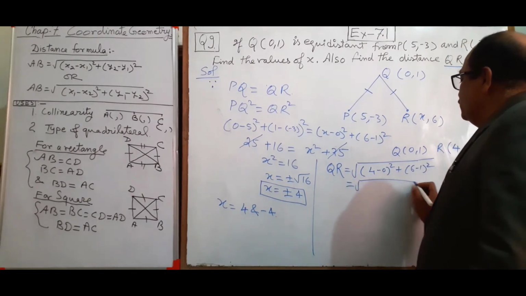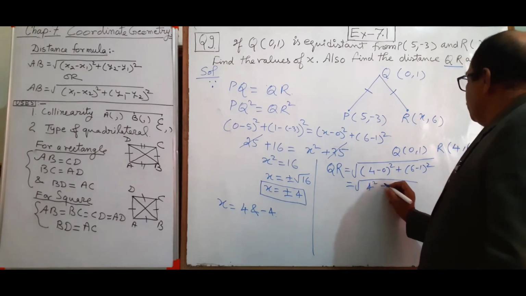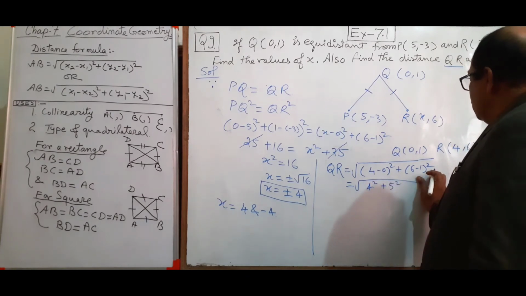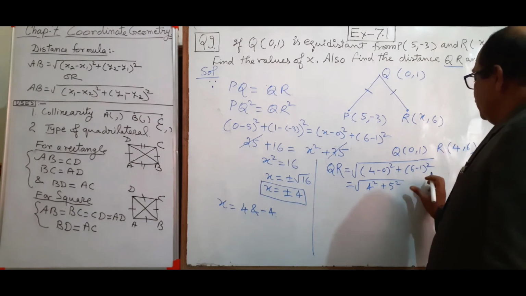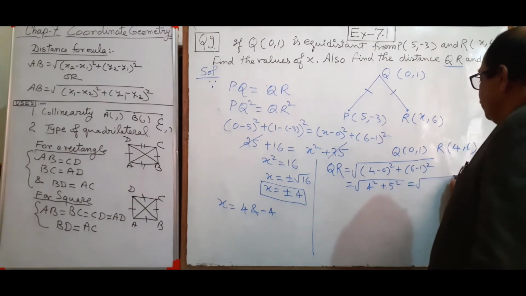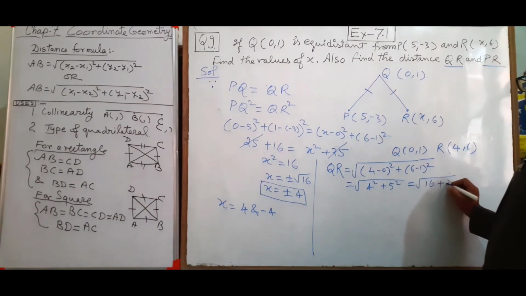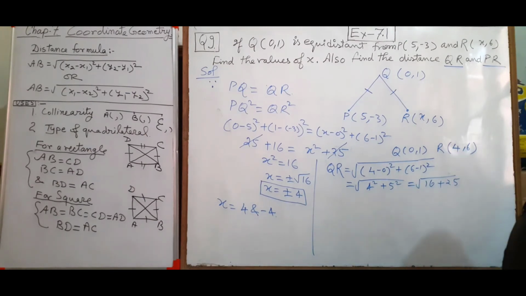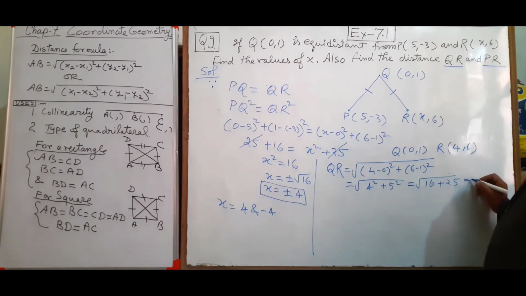It is coming 4 square plus 5 square. Now simplifying it, it will give you 16 plus 25. 16 plus 25 is under root 41. So this is root 41 units.